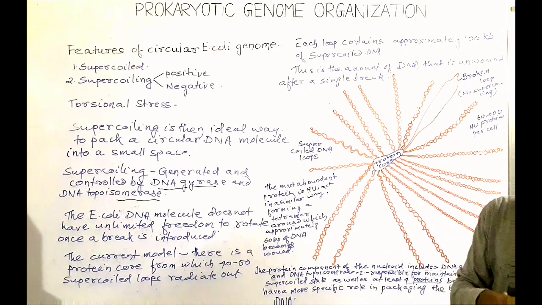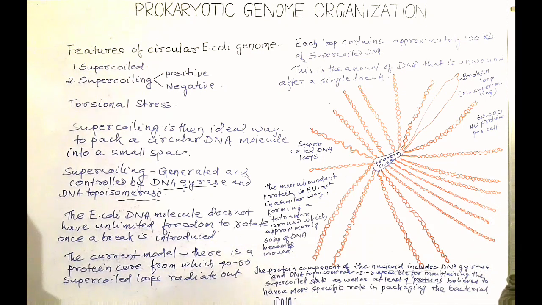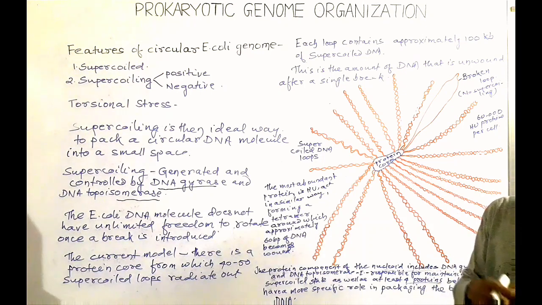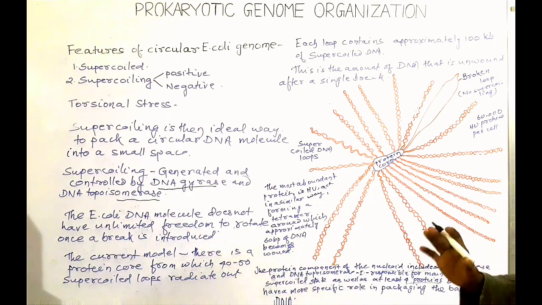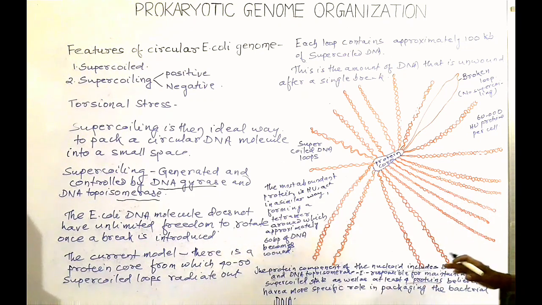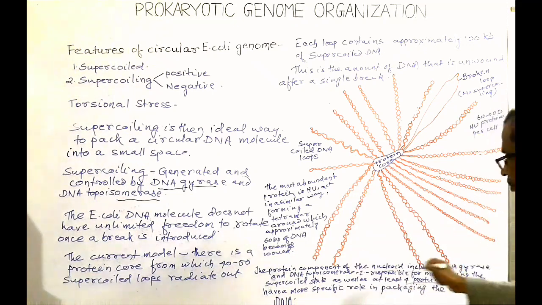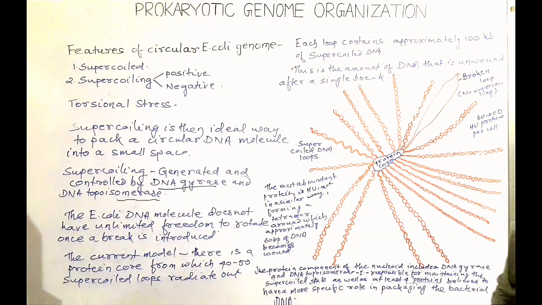For this packaging, specific DNA binding proteins are necessary. So for packaging of the E. coli genome, at least 4 different proteins are believed to play a specific role in packaging of the bacterial DNA.